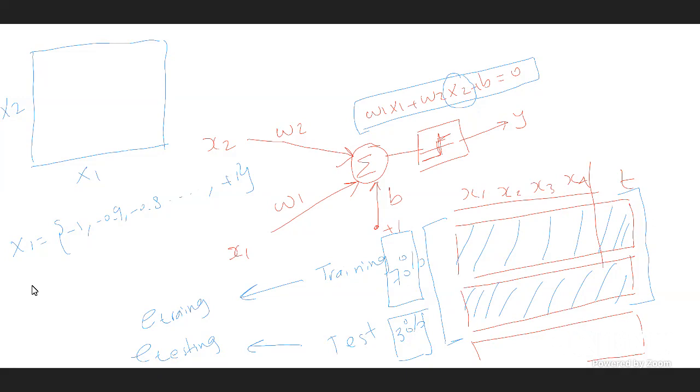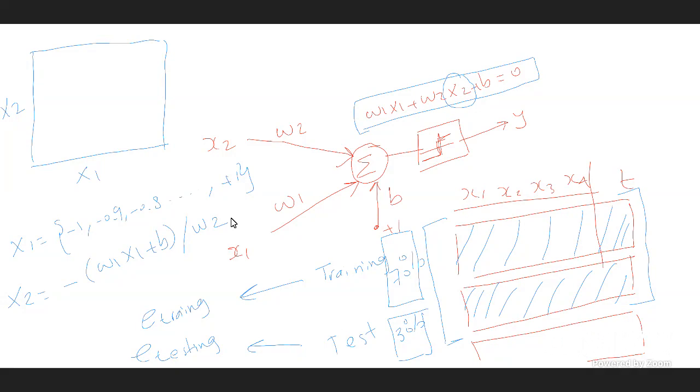So how can we get x2? x2 will be negative omega 1 x1 plus b, divided by omega 2. So now we have x1 and x2, and we just plot them. When you plot x1 and x2, you will generate this green line, which is the decision line.